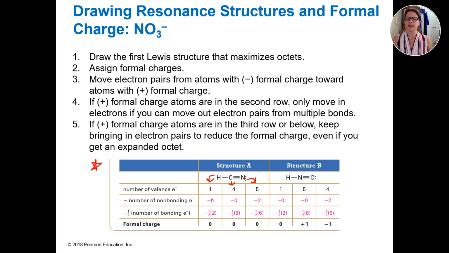What we will find is that in structure A, they all have a formal charge of 0. In structure B, again, hydrogen, nitrogen, carbon, a 0, a plus 1, and a minus 1. Structure B has higher formal charges on each individual element, which is less favorable than having 0. So structure A is going to be the most favored format of that compound.